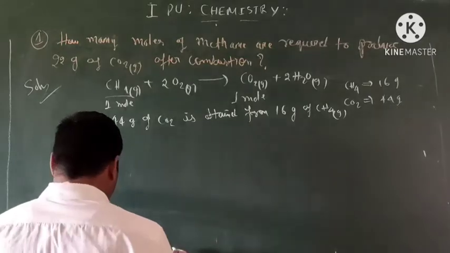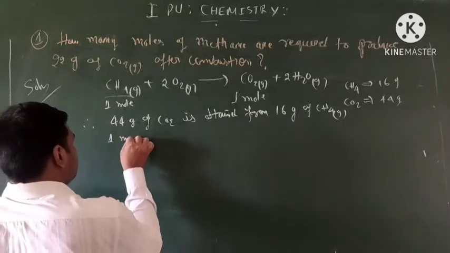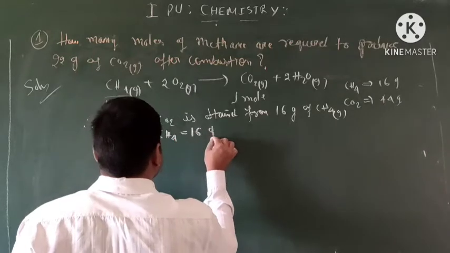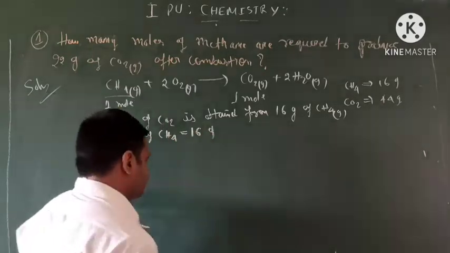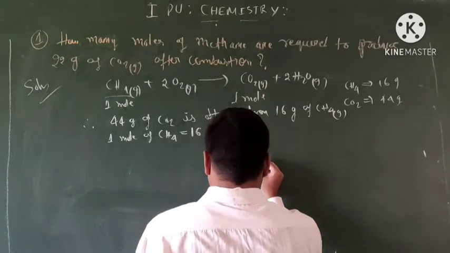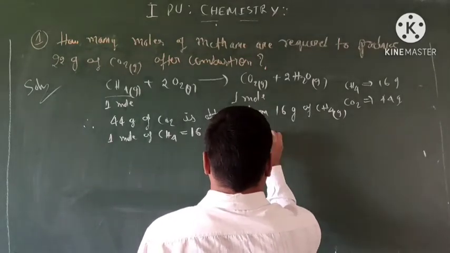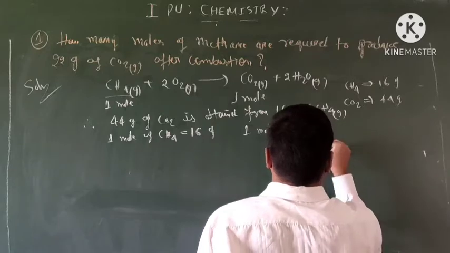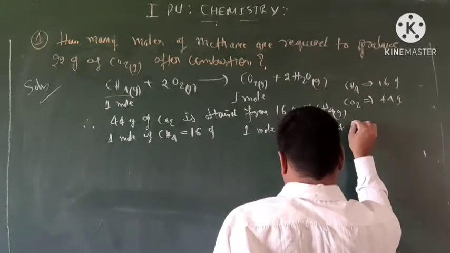So 1 mole of methane is equal to 60 gram, and the same as 1 mole of carbon dioxide, which is 44 grams.